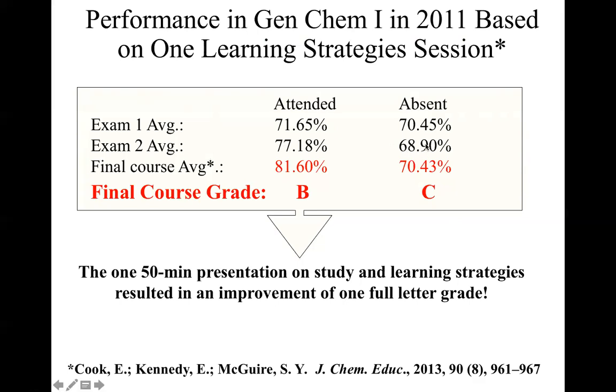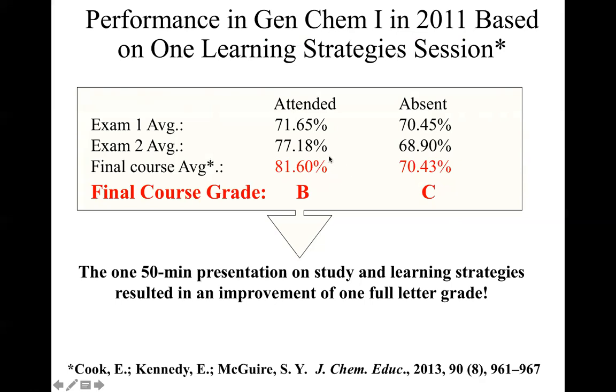What about those absent? Well, it dropped a little. It's still basically the same, but it certainly didn't increase like it did for those who attended. And then after that, of course, they kept using the techniques and they increased even more as their semester, because they were on the semester system, went on.